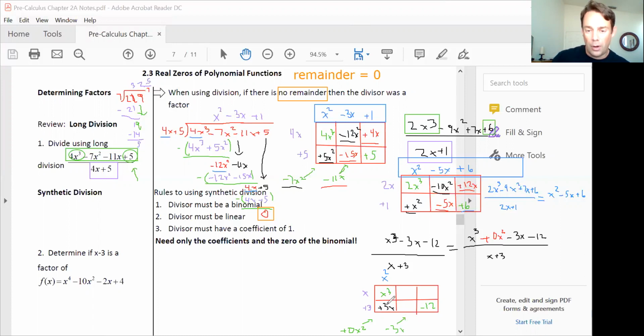So, all right, we got our 3x squared here. That means the missing term is a negative 3x squared. That's how I get my 0. And we have a negative 3x. So therefore, I'm going to end up with a negative 9x here.